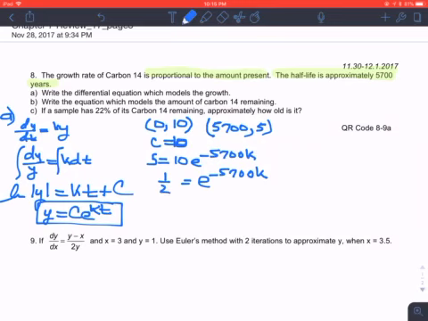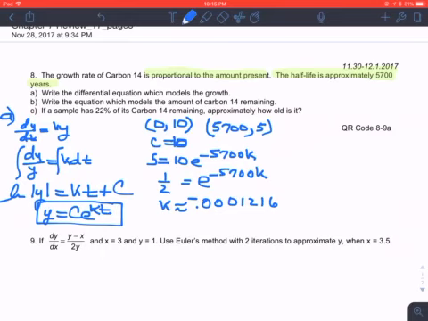Okay, now unfortunately I can't get the calculator on the screen, so that does make this a little bit more complicated as I'm sorting through all my pages here to make sure I get the right one. Okay, so if I then solve it, k is approximately 0.0001216, and that's going to be negative.